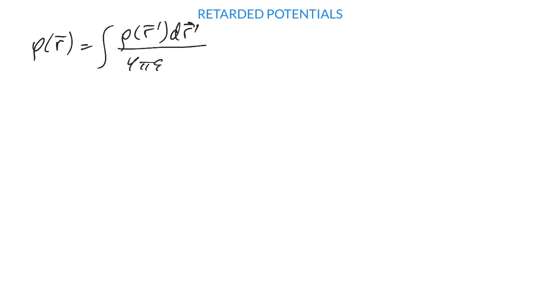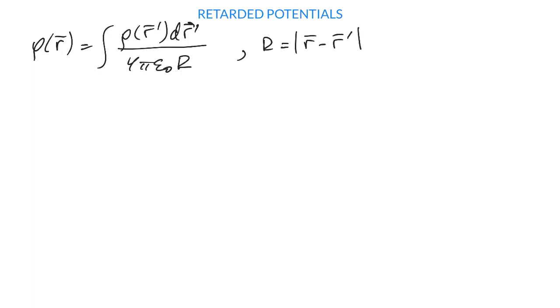As a reminder, the static scalar potential corresponding to a charge distribution looks like phi of r equals the integral rho of r prime d r prime divided by 4 pi epsilon naught in SI units, and here r is the distance from the point of observation to the point where the charge is located.